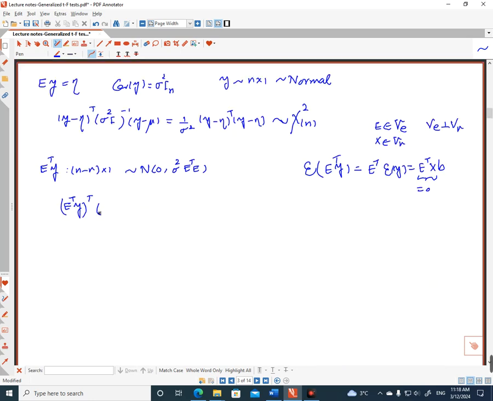So I do the same thing. The mean is equal to 0, so it is e prime y transpose, the variance-covariance matrix e prime e inverse, and once again e prime y. If you look at it, you can simply write it as y prime e prime e inverse e prime y.